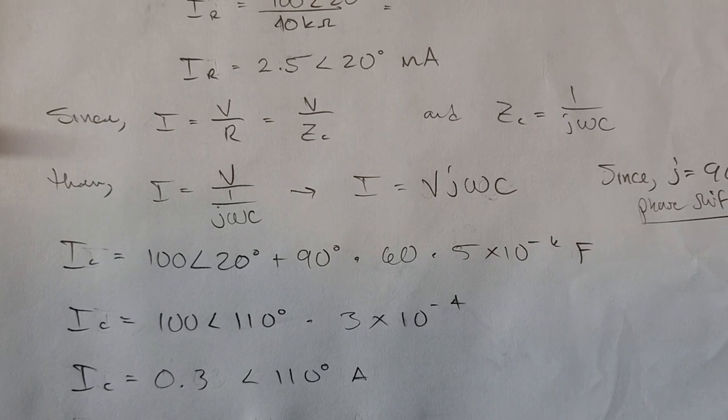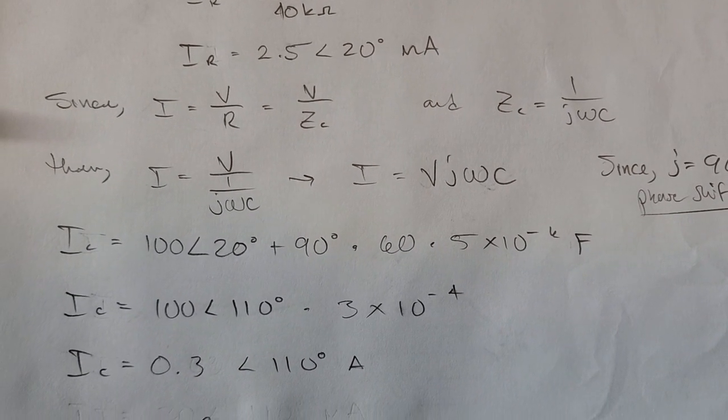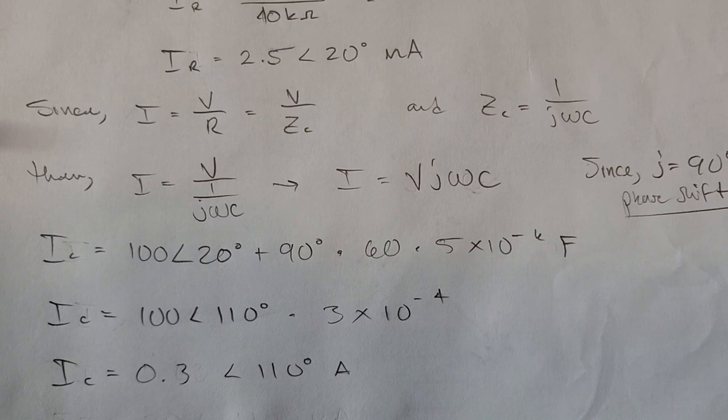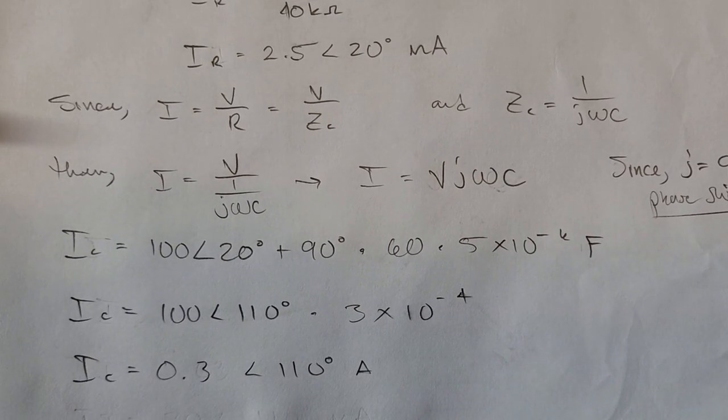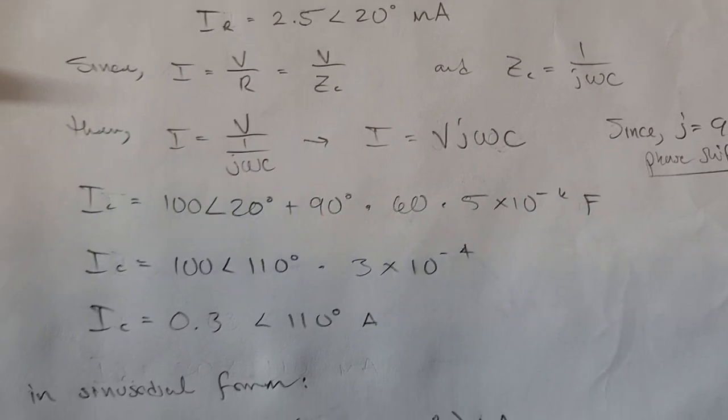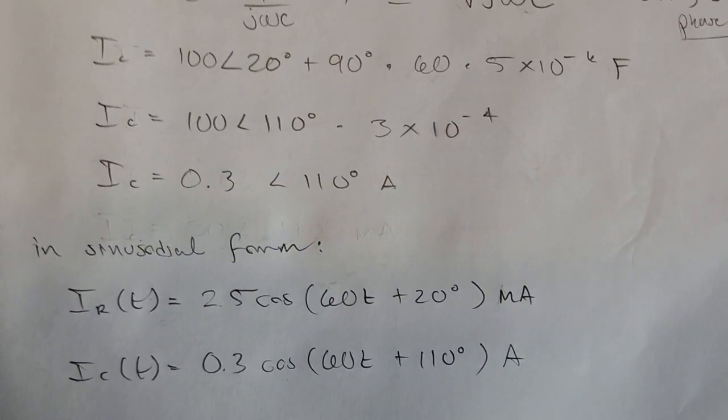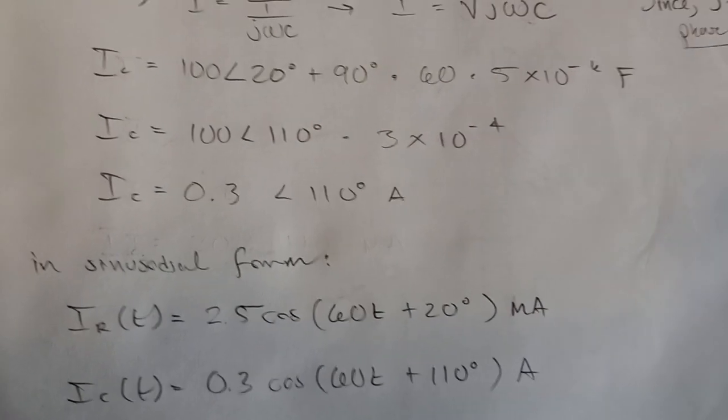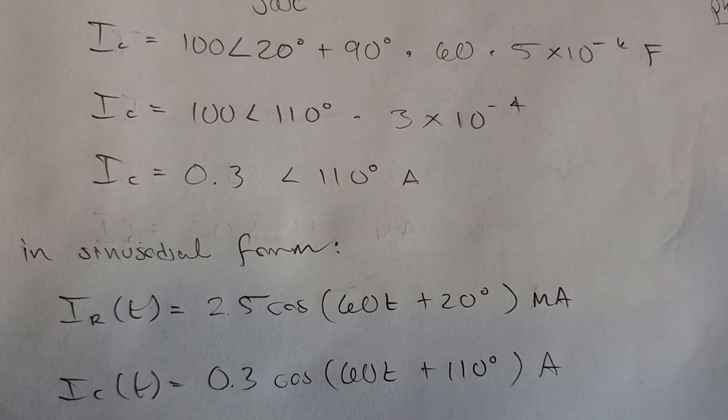And then I decided to convert my current to sinusoidal form, and that was basically the current through the resistor of 2.5 cosine.